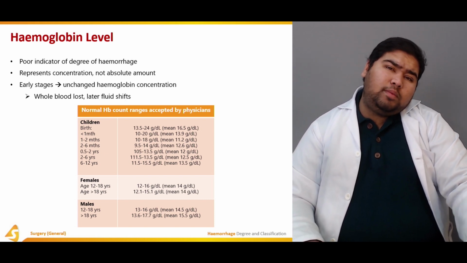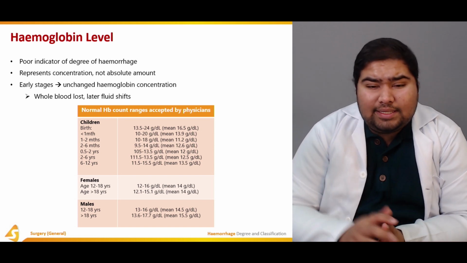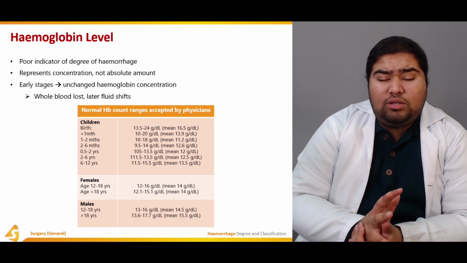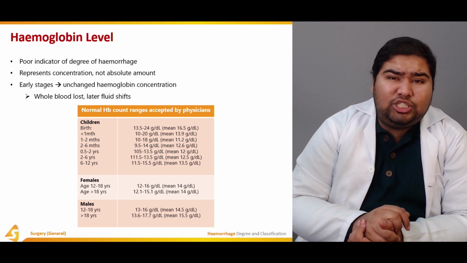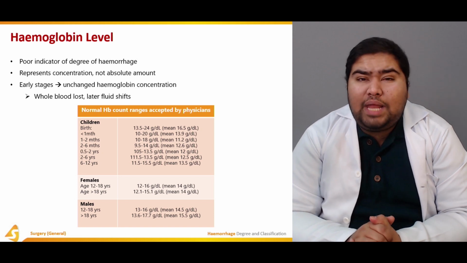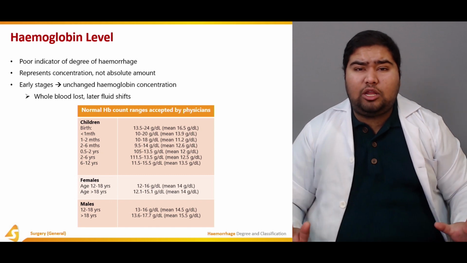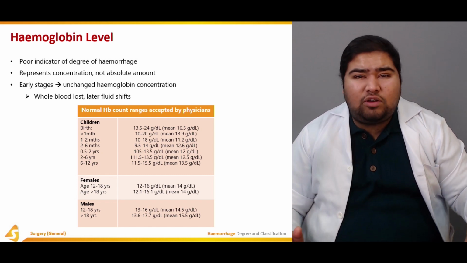The reason for this is that the whole blood is lost and later the fluid shifts. So what does this mean? Initially, when there's blood loss, the entirety of blood, the whole blood, is being lost, not a segment of the blood.